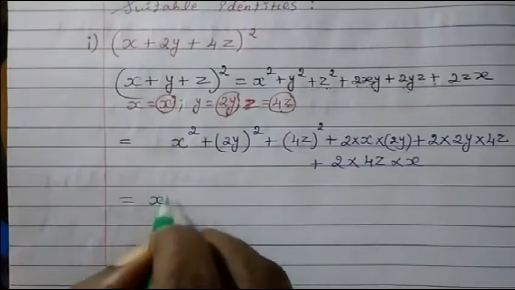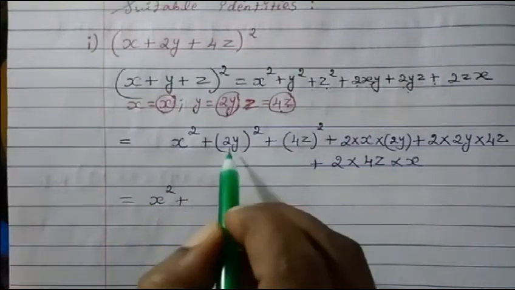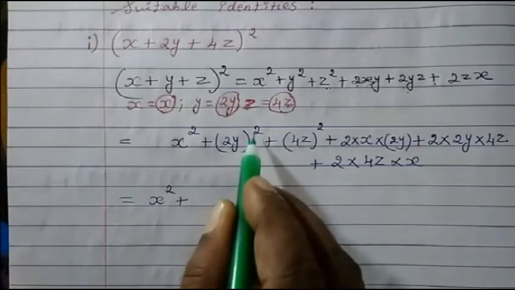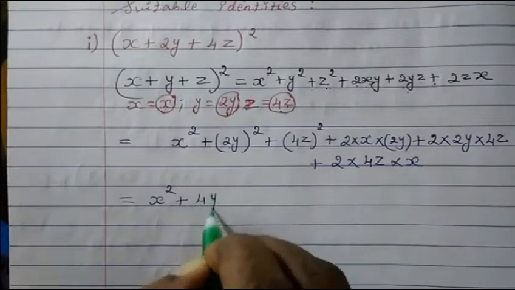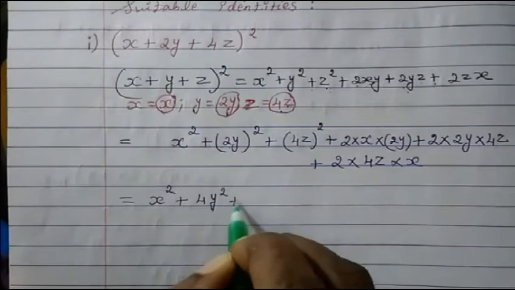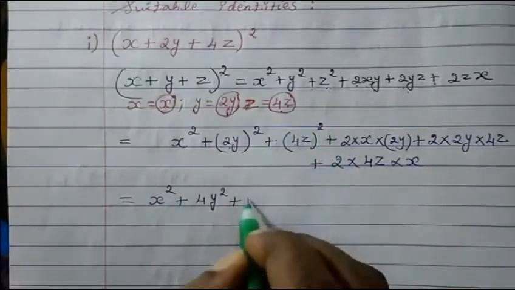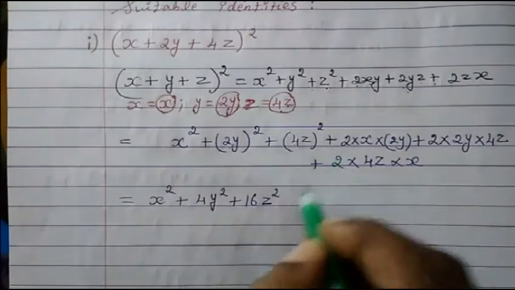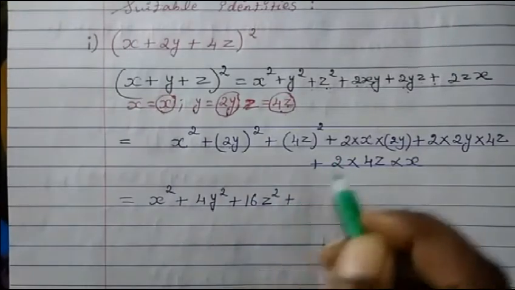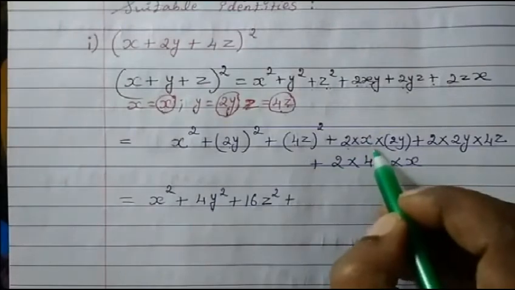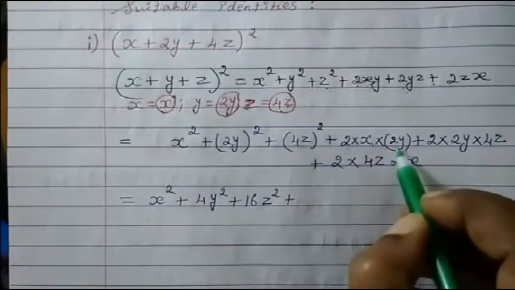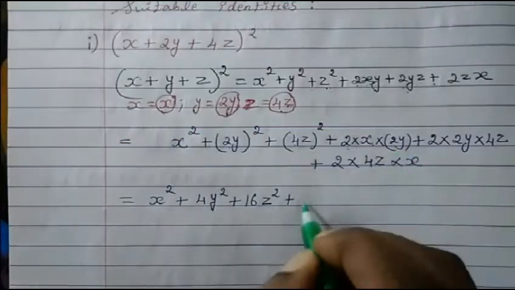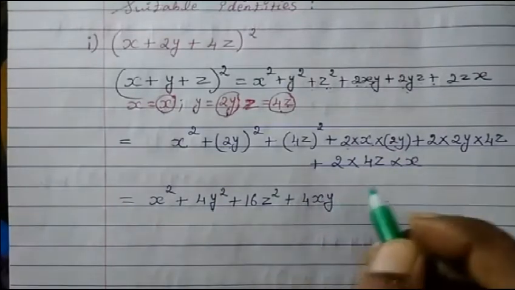So x square will remain as it is, plus (2y) square will become, 2 square is 4, so 4y square, plus now (4z) square will be 16z square. Then plus, now 2 into x, 2x into 2y, so 2 2's are 4, so 4xy.